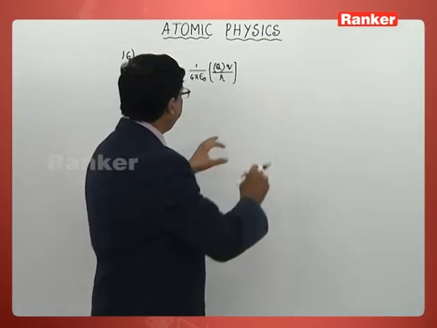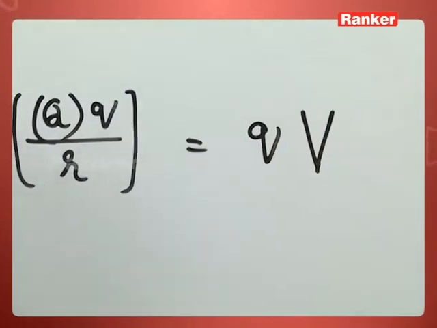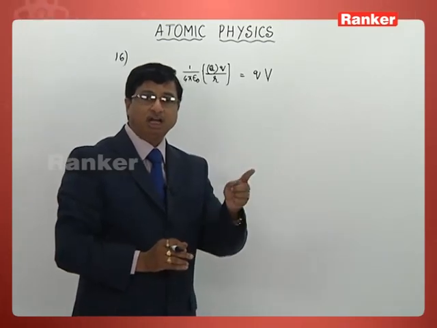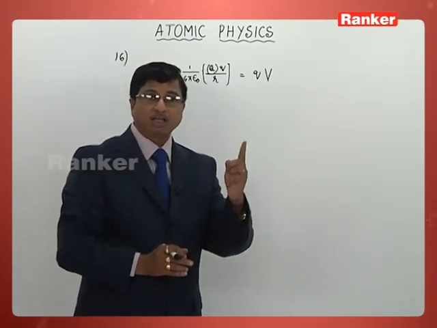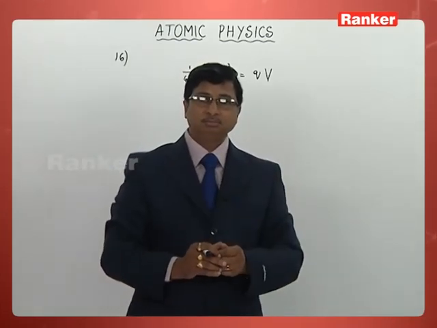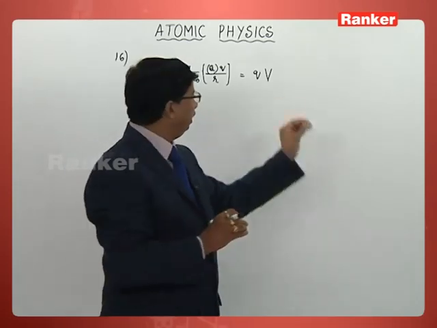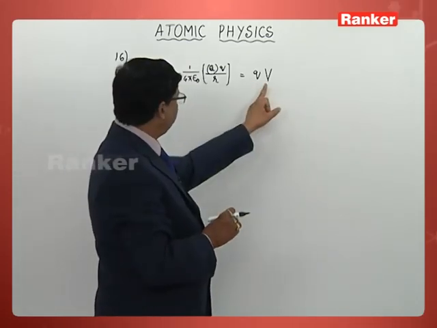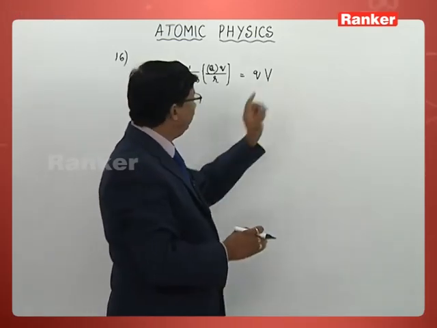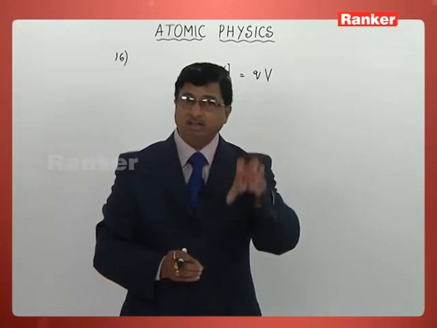That now can be equated with q times V. This is the energy gained by the electron, or gained by the alpha particle, or gained by the charged particle in that particular problem. I am not talking of only one particular particle. In this case, any charged particle, when it is accelerated through a potential difference V, you try to understand first what amount of energy it is going to gain in that field.